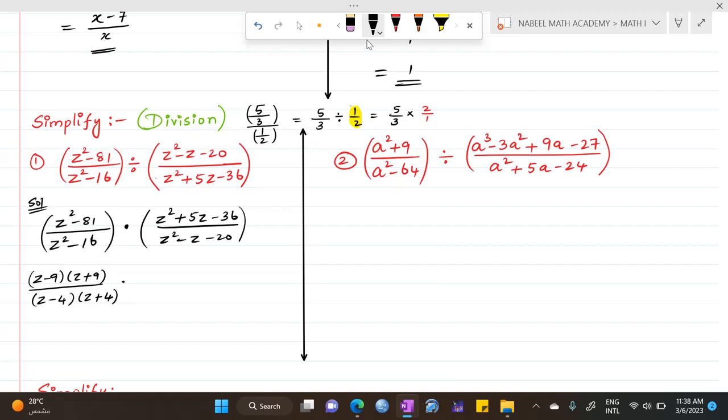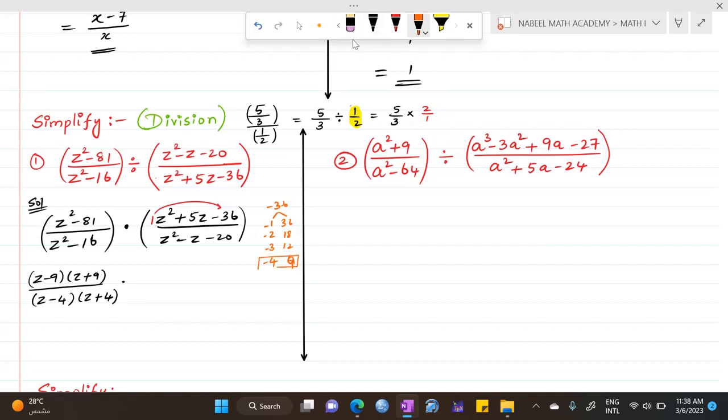The next one here: if you multiply, you will get minus 36. What are the factors? 1 into 36, 2 into 18, 3 into 12, and 4 into 6, and 9 times 4. So the small number is minus.